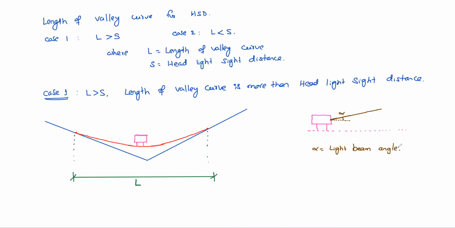And this height of the headlight, let us assume it is h dash. h dash equals the height of the headlight from road level.